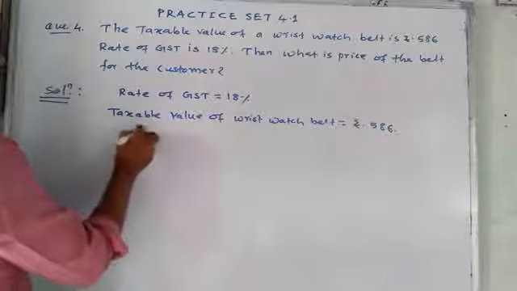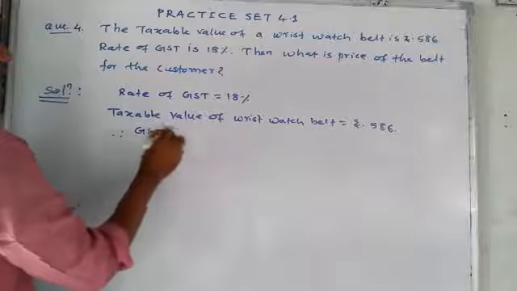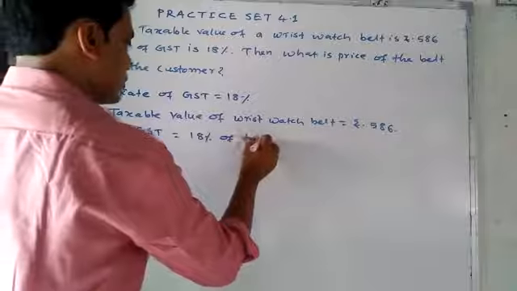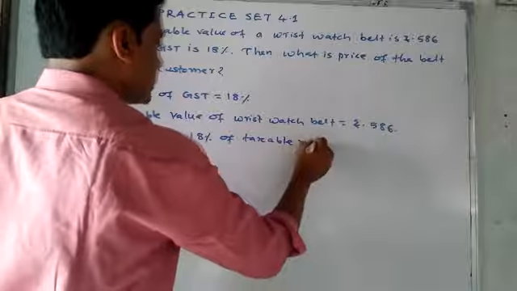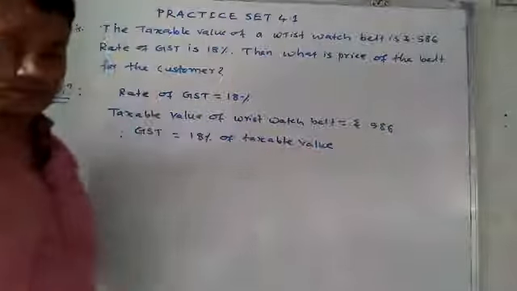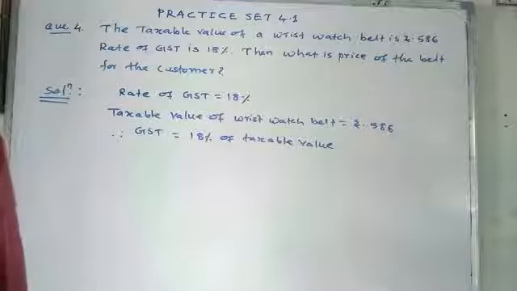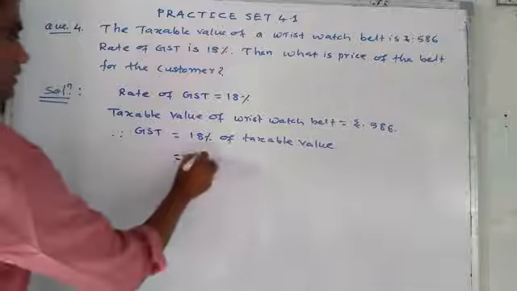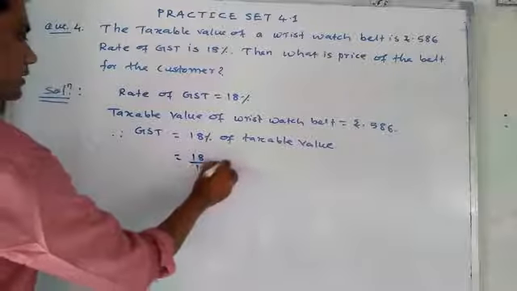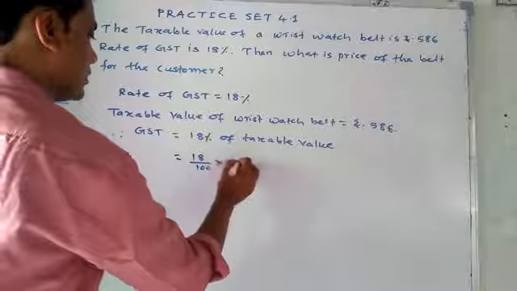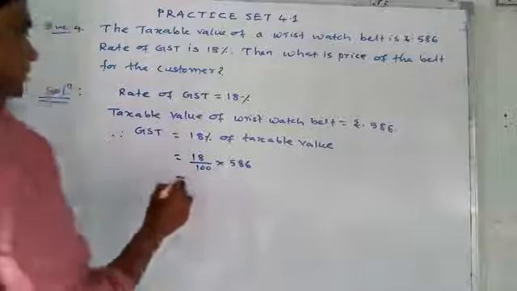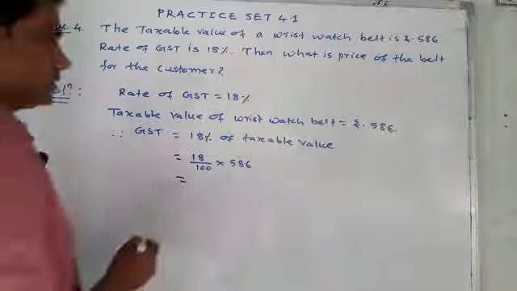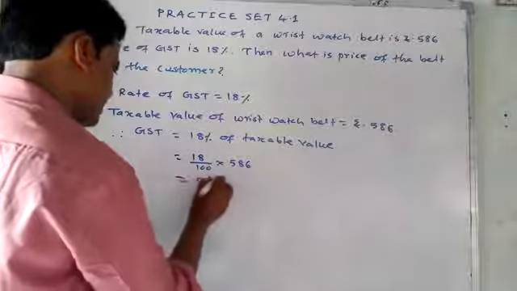Therefore GST is equal to 18% of taxable value. Next, 18/100 into 586. 18/100 means 0.18 into 586.